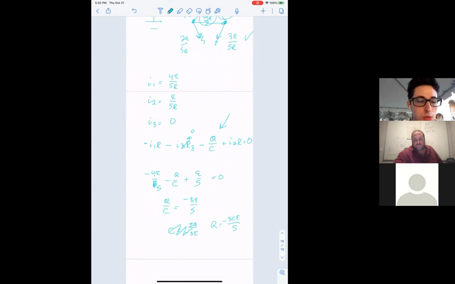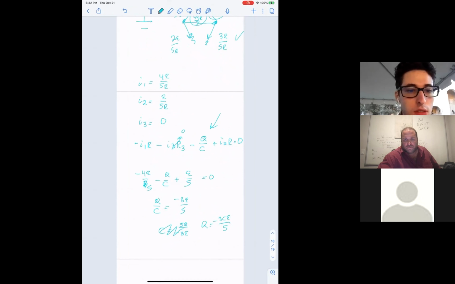What equation do we do to find this? Well, it's Kirchhoff's law. It's just a loop. But which loop did we use? The top loop or the bottom loop. Use whatever loop you want. Okay, so why is it negative?